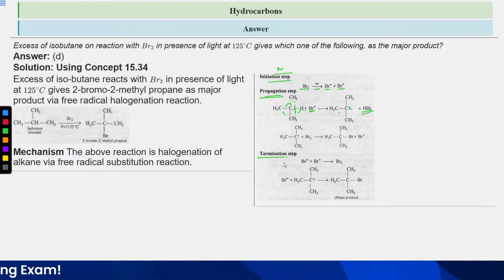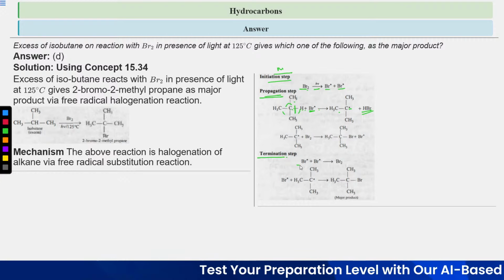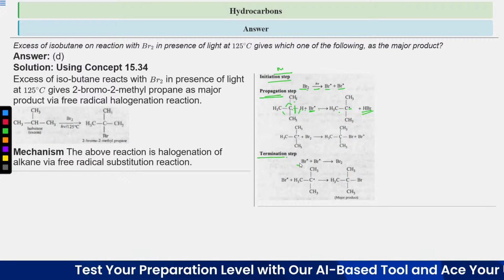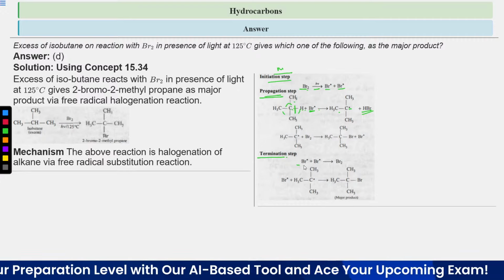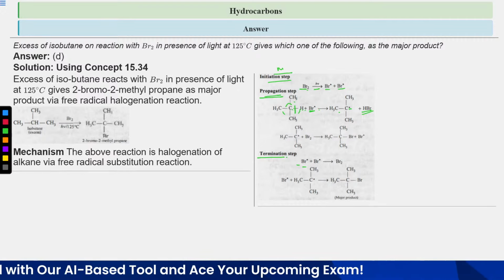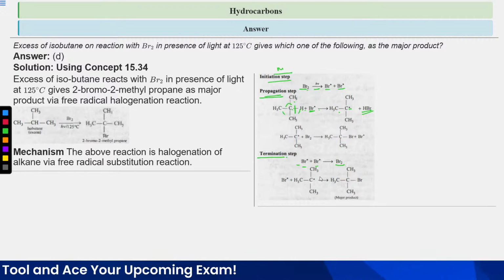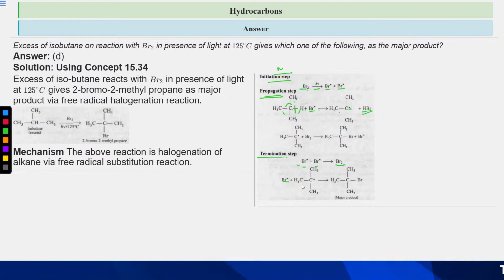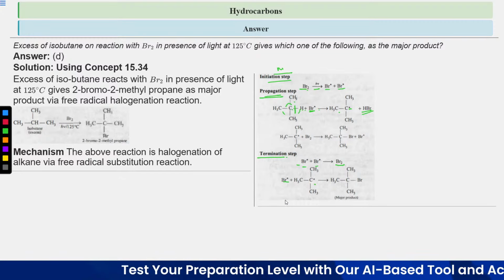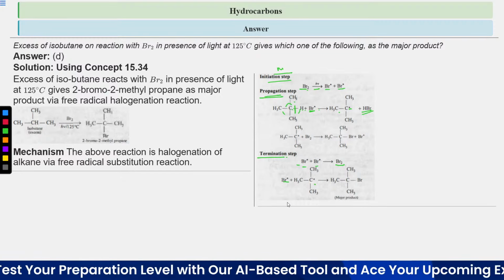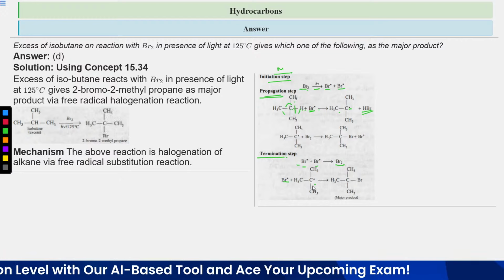Now finally there will be some ending of this process, so the termination step will happen. In the termination step, these two free radicals combine together and form a bromine molecule, and then one of the bromine radicals reacts with the butyl free radical and forms the major product 2-bromo 2-methyl propane, right?